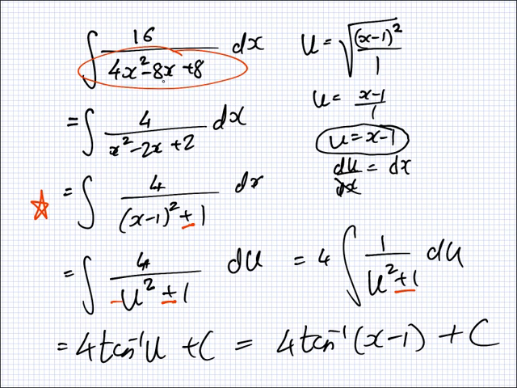You might figure out that this only works if the quadratic actually has no roots. This quadratic has no roots. That means that this guy here is a plus. If this quadratic had roots, then that would be a minus here. And there's something else to do in those situations, which we'll see later, okay?